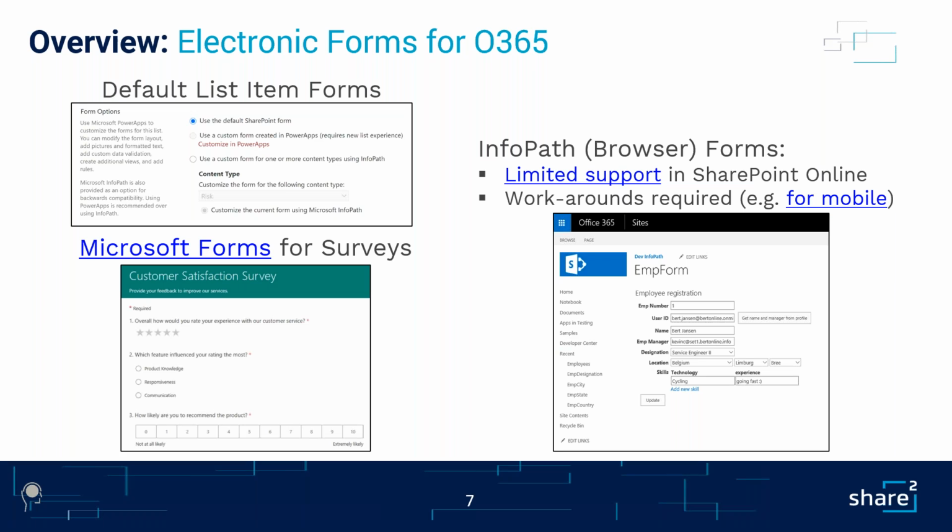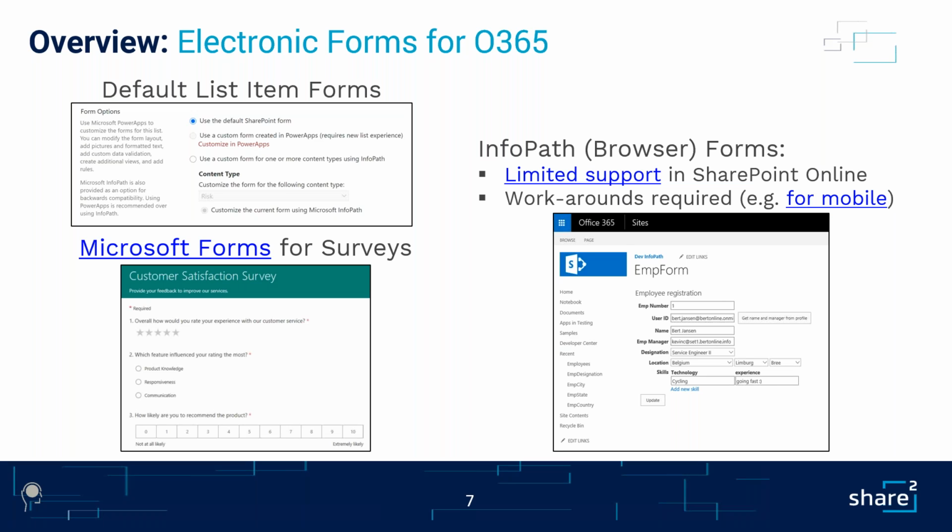I'm not going to go into the details of that, but as an example, you can't have anything that would violate the multi-tenancy rules within SharePoint Online. So if you had some code behind an InfoPath form that does something that's not permitted in the online environment, that won't work. And then there are some workarounds for things like mobile. So you can follow these links, you'll see a lot more information.